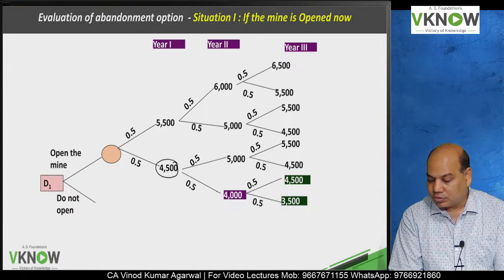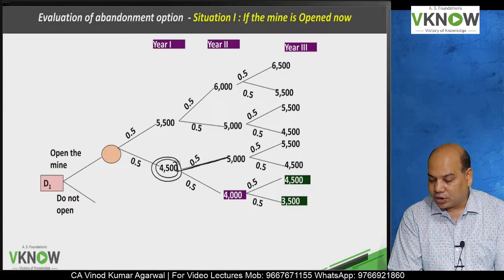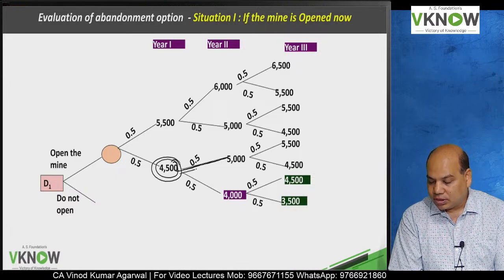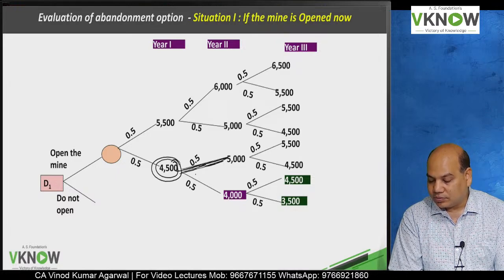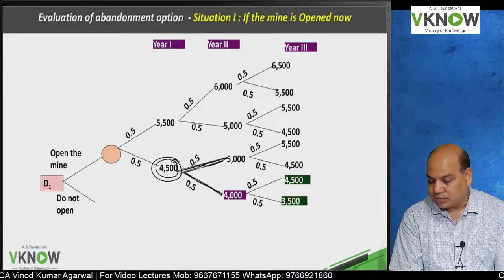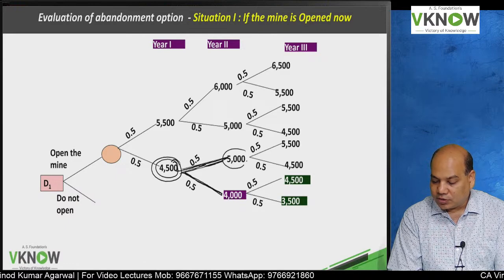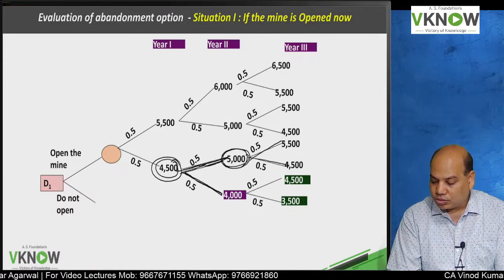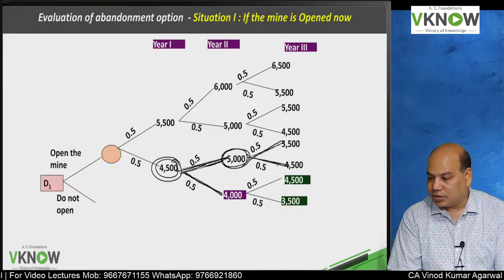Then what about this point? Now here we have two paths opening up. After getting 4,500, next year you may get 5,000, or you may get 4,000 rupees. But if you get 5,000 rupees in the next year, then you can go to 5,500 and 4,500.